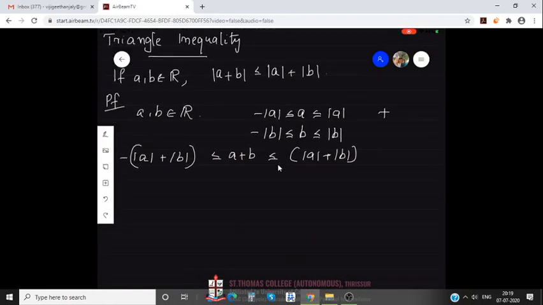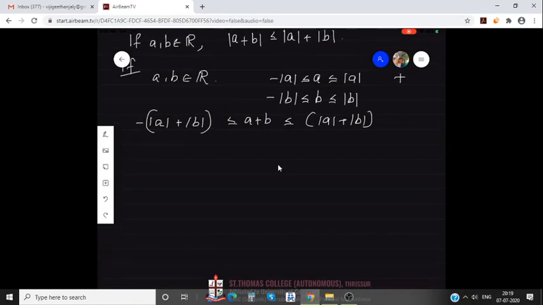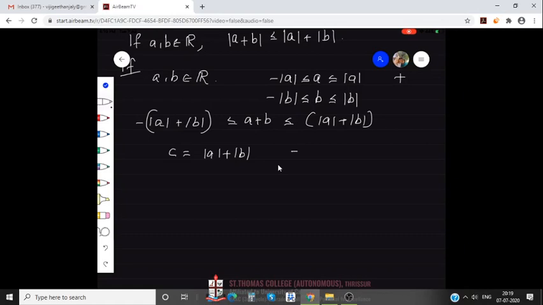Here I'm taking c as the absolute value of a plus the absolute value of b. So the previous statement reads minus c less than or equal to a plus b less than or equal to c. By the previous theorem, this is equivalent to the modulus of the middle term, modulus of a plus b, less than or equal to c.